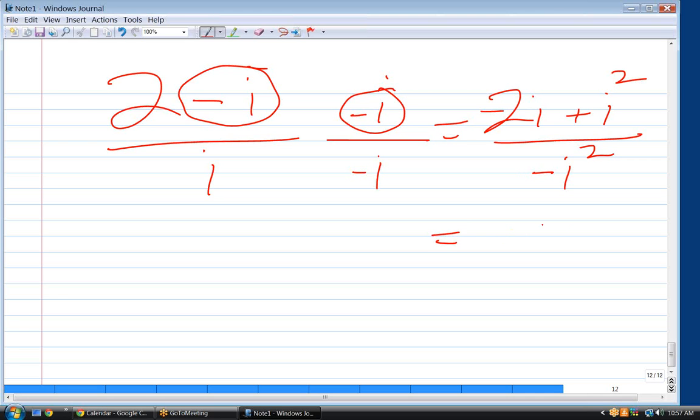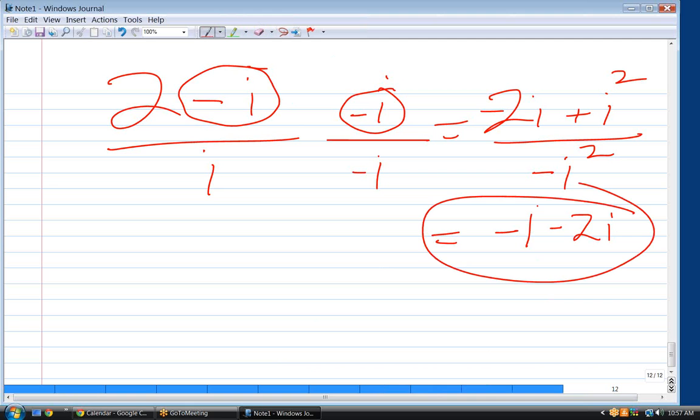Okay, let's write it in the proper order: negative 1 minus 2i. And what's the bottom? 1. So that's the answer. In other words, even if you don't have a real part to the bottom, the conjugate of i is negative i.